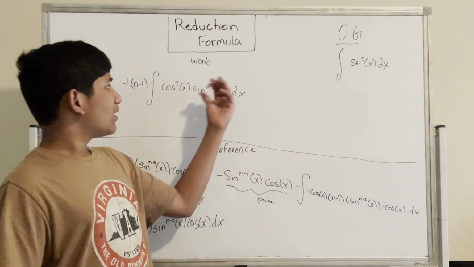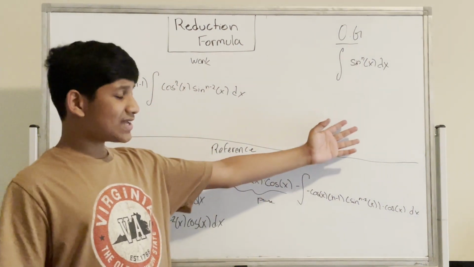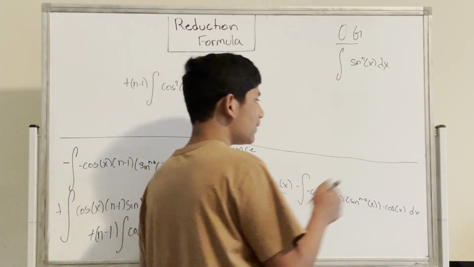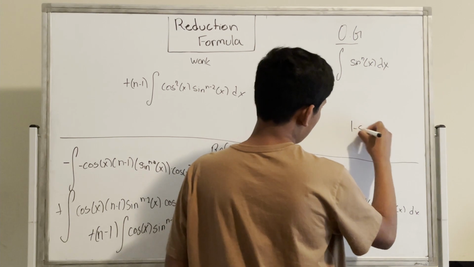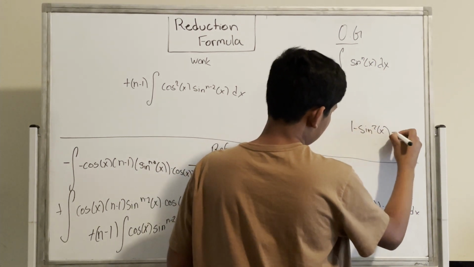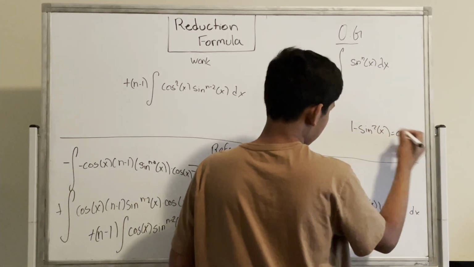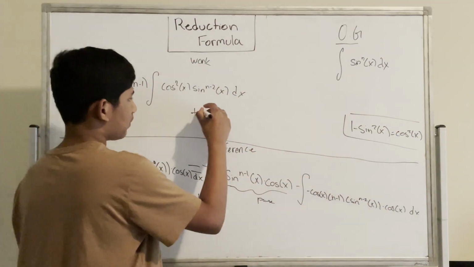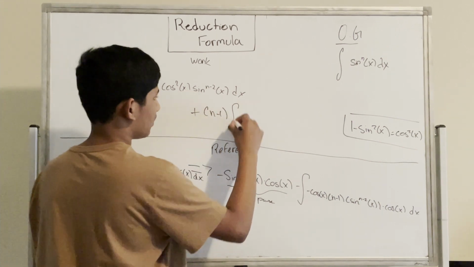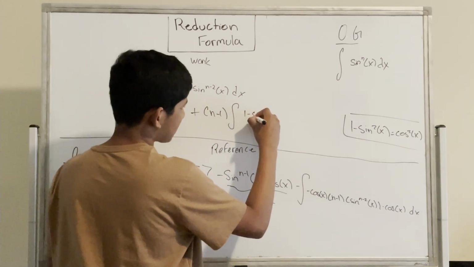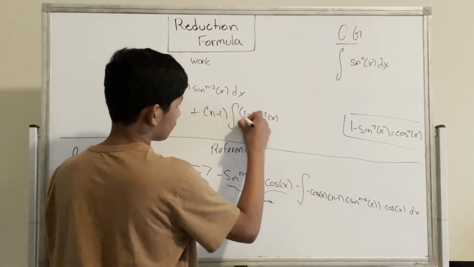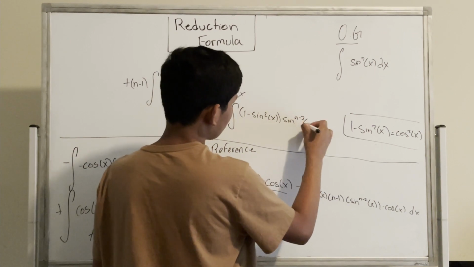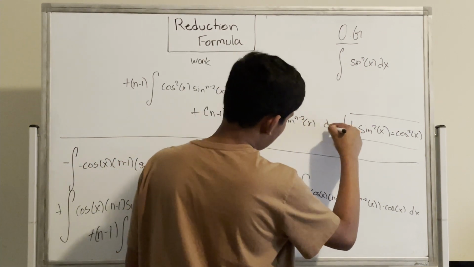So we have this over here, and the identity that I just talked about, cosine squared x plus sine squared x is equal to 1, we can manipulate algebraically to say that 1 minus sine squared x is equal to cosine squared x. We're going to substitute this for cosine squared x. We get plus n minus 1 integral of 1 minus sine squared x times sine to the n minus 2 of x dx.